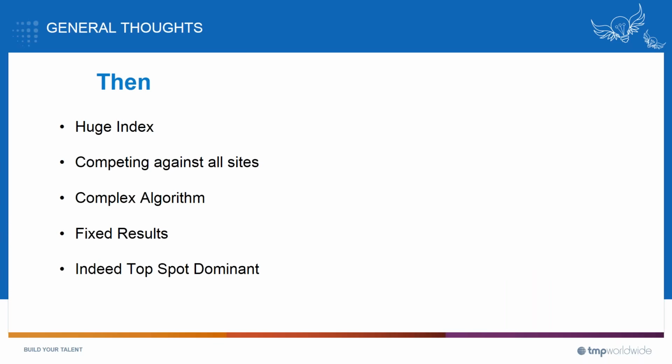And then lastly, to wrap things up, just with some general thoughts of sort of what things were like before Google for Jobs and what things are like today. Before June 20th of last year, there was a huge index which was compiled of all websites that Google can find, which there are billions and billions of websites now.